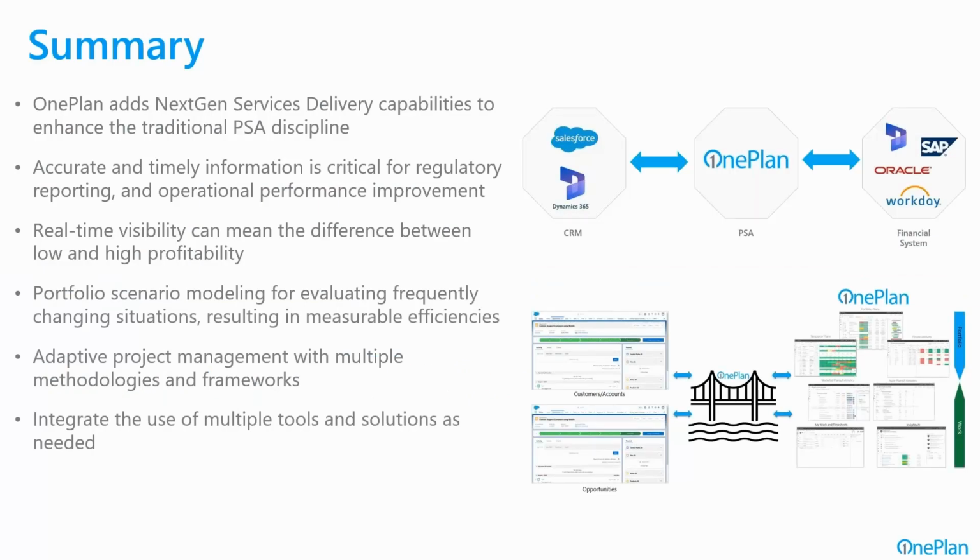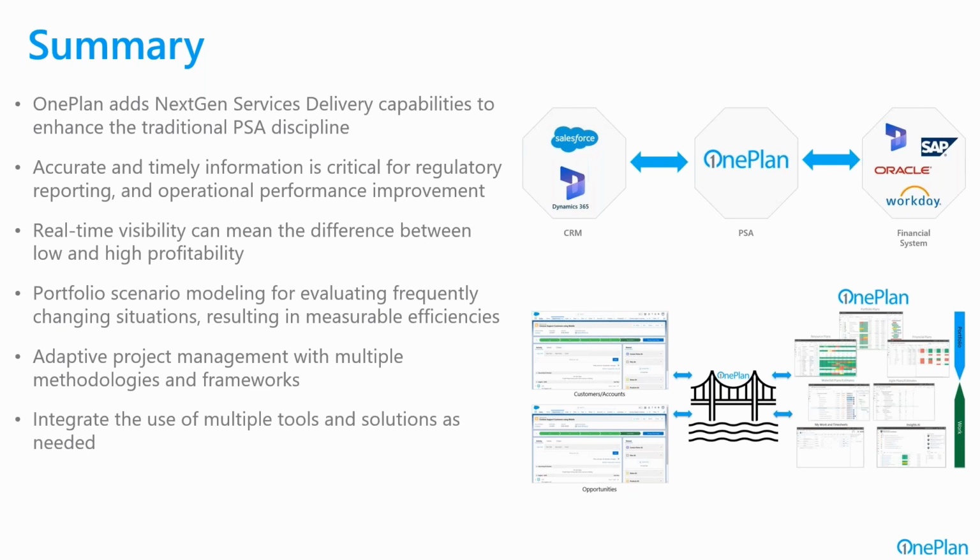Summary and next steps. In summary, I'd like to say OnePlan adds next-gen services delivery capabilities to traditional PSA. Accurate and timely information is critical. I think that maybe the more important points of this, although certainly if you're not in compliance with regulatory reporting, you're in trouble.